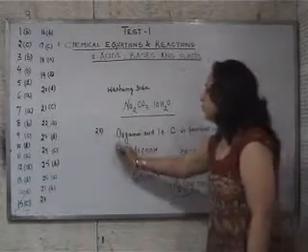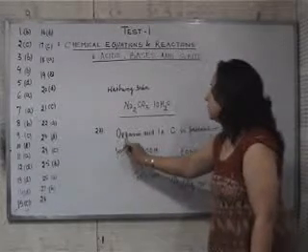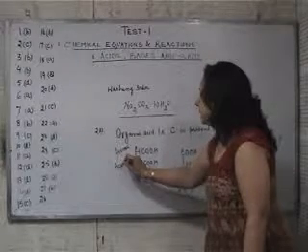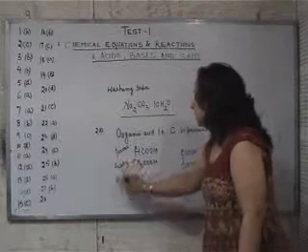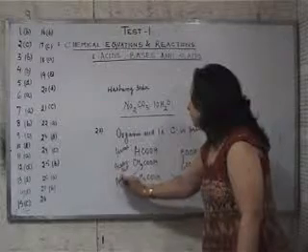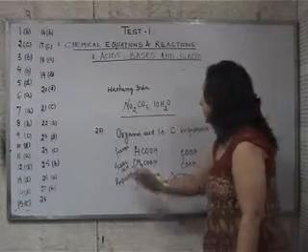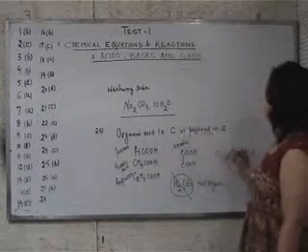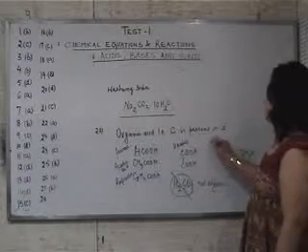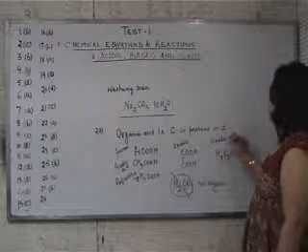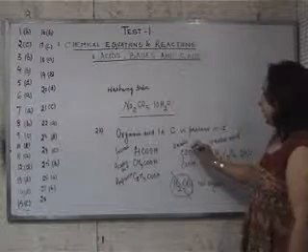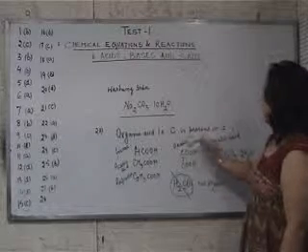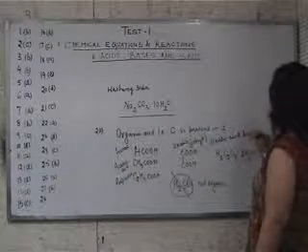The first is called formic acid. The second is acetic acid. The third is propionic acid. This is oxalic acid, and this is again oxalic acid, here anhydrous because I have not written water, and in the other case it is hydrated.